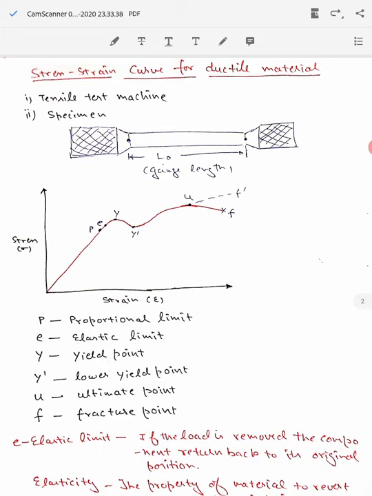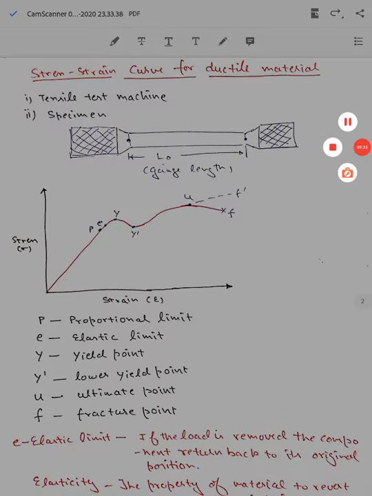The machine has an arrangement by which it can pull these jaws apart and thus subject this specimen to a tensile load. There is also an arrangement available which measures the amount of load being applied, and another by which we can measure the change in the length of the specimen.